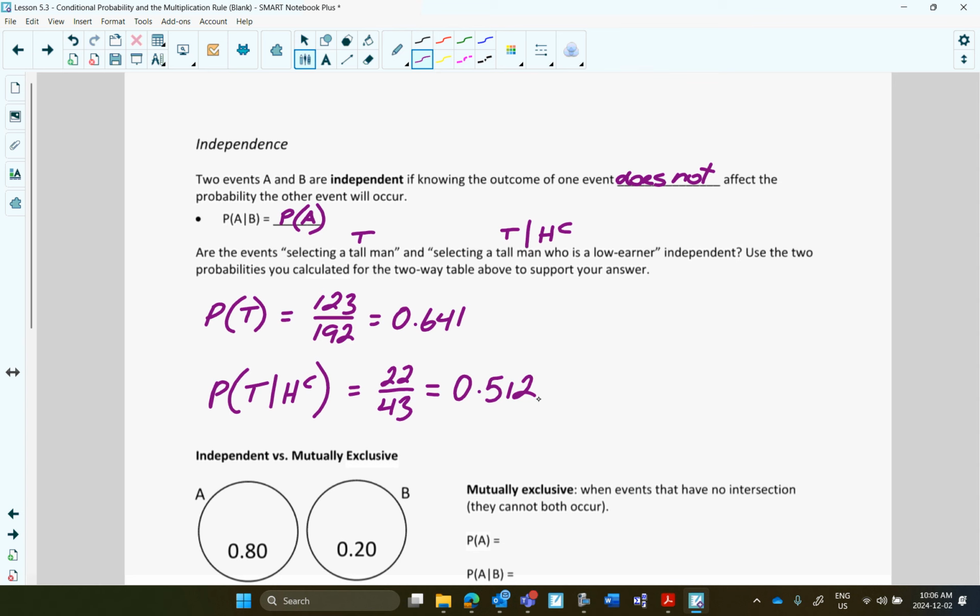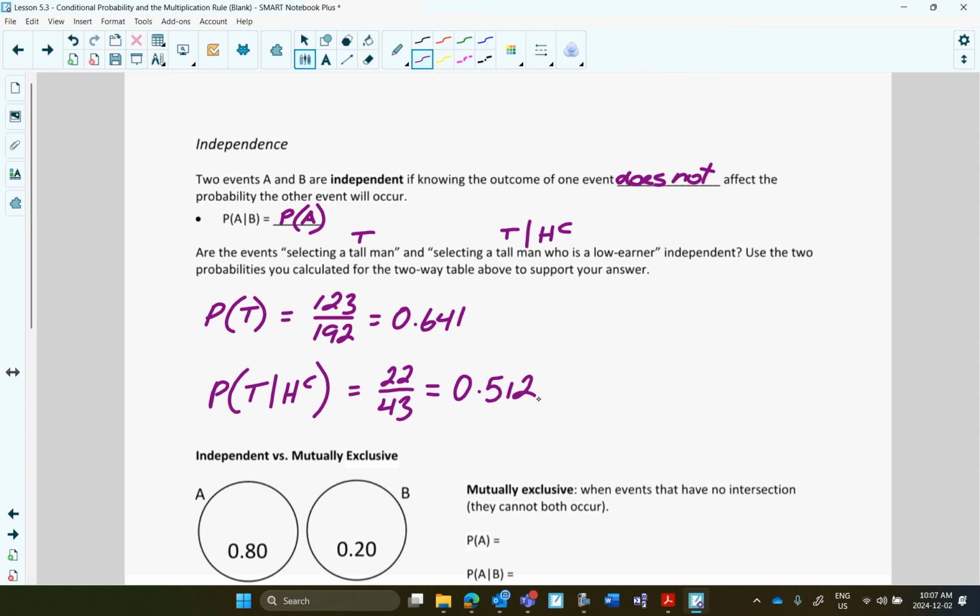Right? Because the probability of selecting a tall man is 64%. But the probability of selecting a tall man, given that they're a low income earner, goes down. So it's been affected by the fact that they're a low income earner.